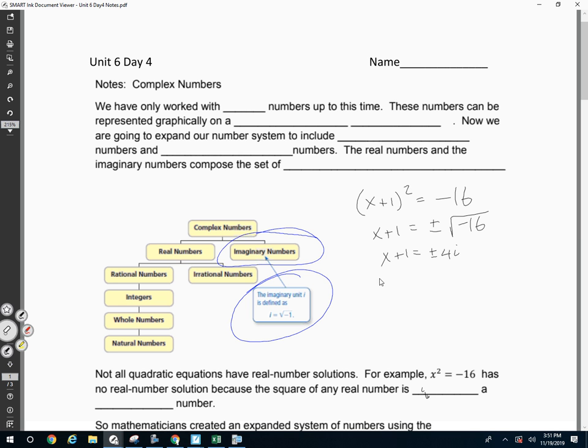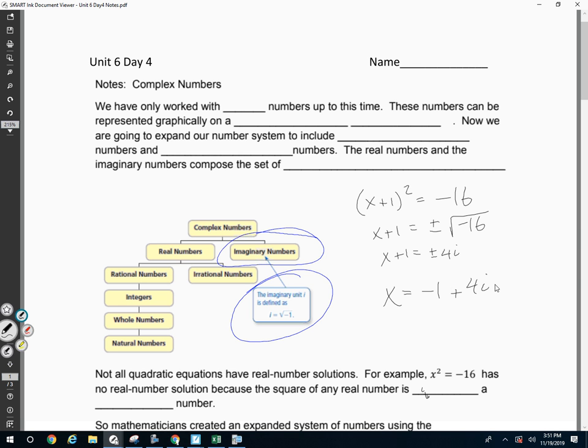I'll add negative 1. We will have what's called a complex number that includes both versions of i and real numbers. So I just square rooted, boom, plus or minus 4i, subtracted 1, I get this.